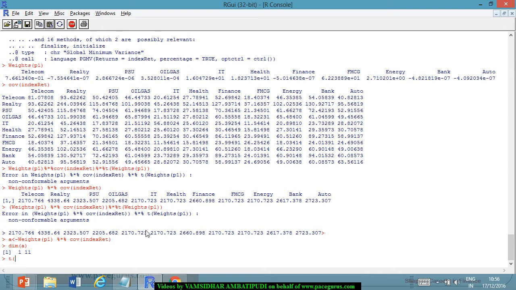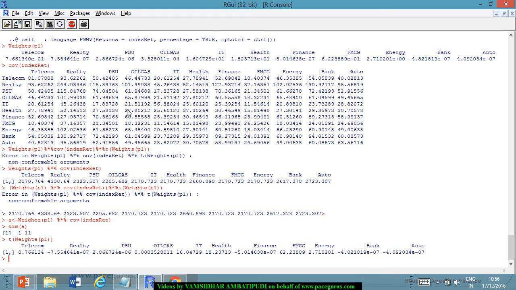Then I'll take the transpose of the weights of P1.